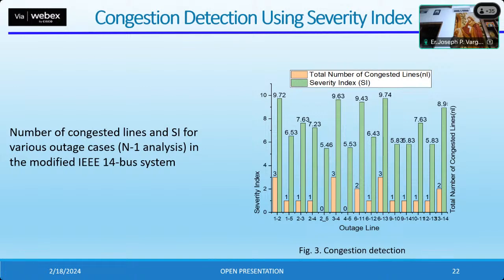Let's assume that there are N components or N transmission lines in the system. If one line is interrupted, or when an outage is created in one line, we conduct the load flow analysis and measure the value of the severity index of the line and the severity index of the system.